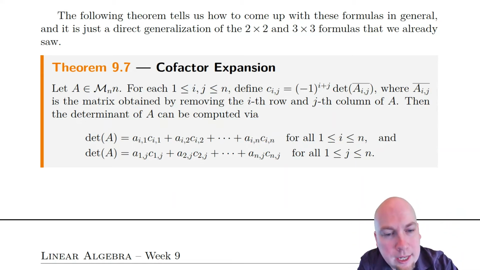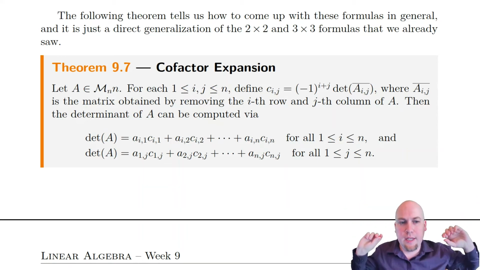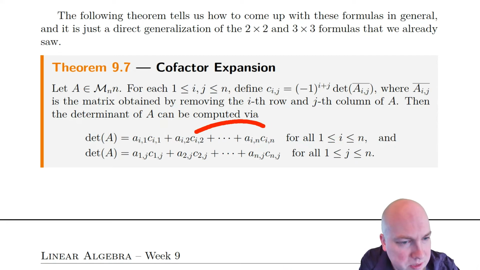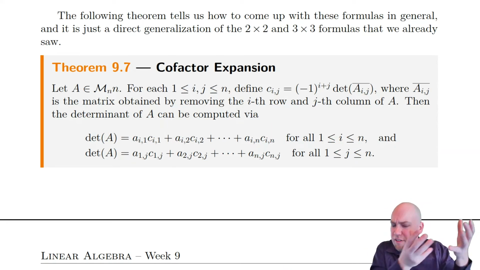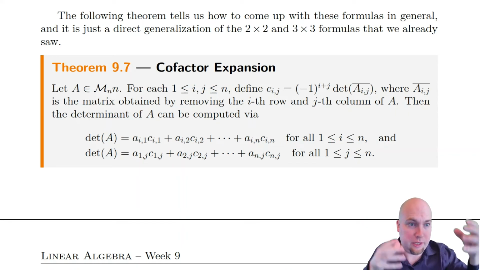This is A11, A12, all the way up to A1n. Those are the entries in the first row of A. So we're sort of taking the first row of A and dot producting it with these weird numbers C11, C12, up to C1n. So we just need to figure out what those numbers are, like what numbers are going into this dot product here, other than the first row of A.